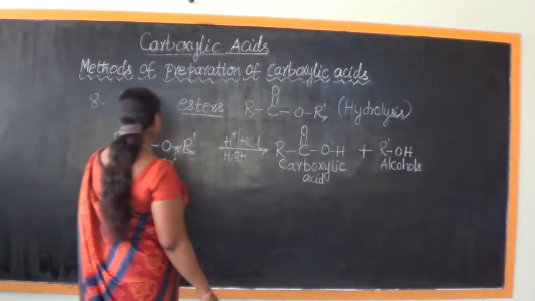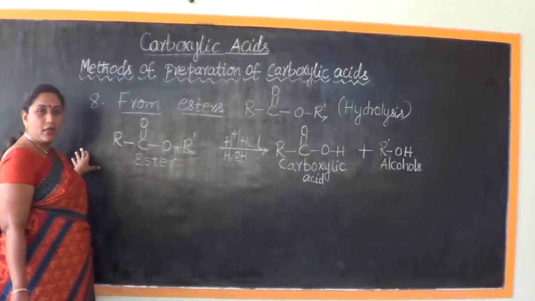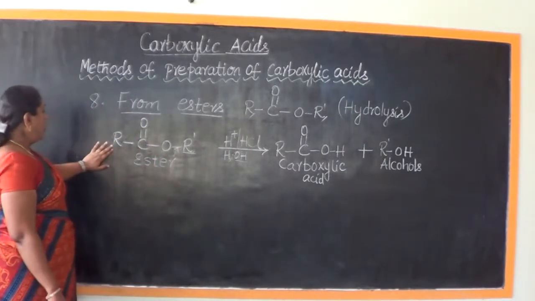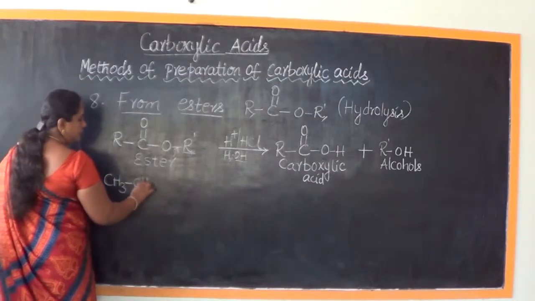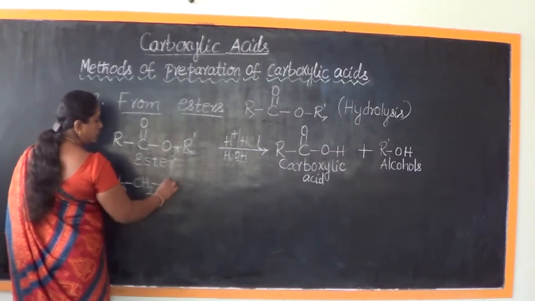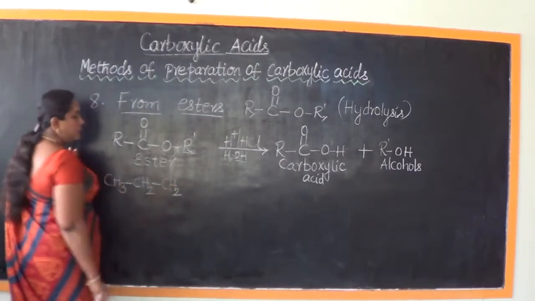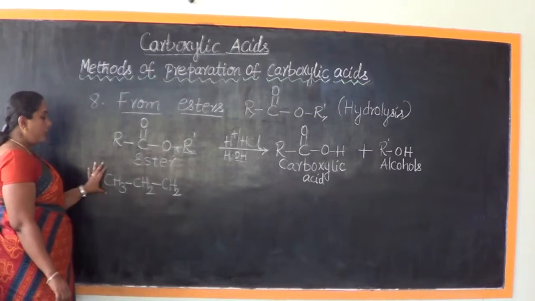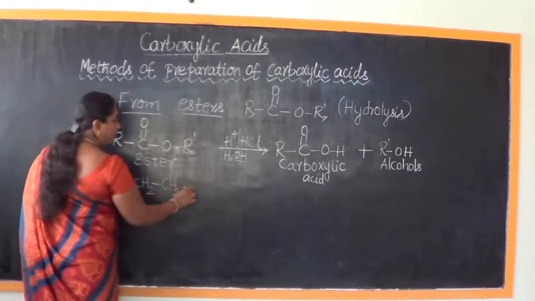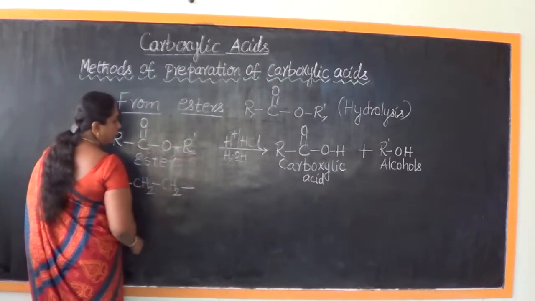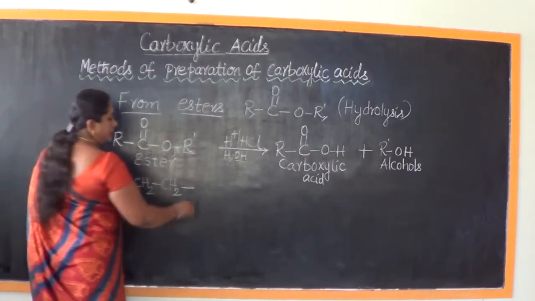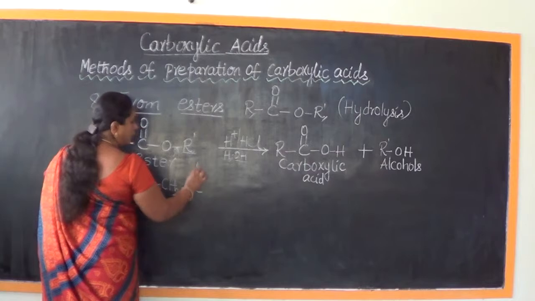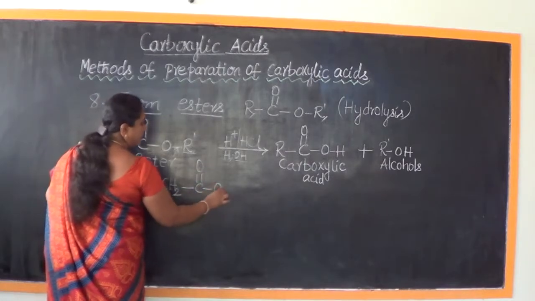Now, let me just write this with an example. I'll replace the R in this case with CH3, CH2, CH2. So, I've replaced R with a propyl group. Then this R dash with an ethyl group, and then I'll retain the ester functional group as it is.